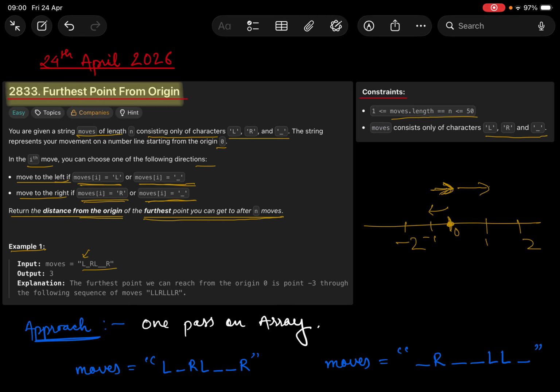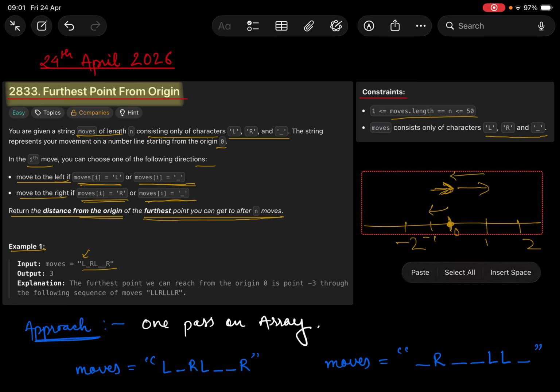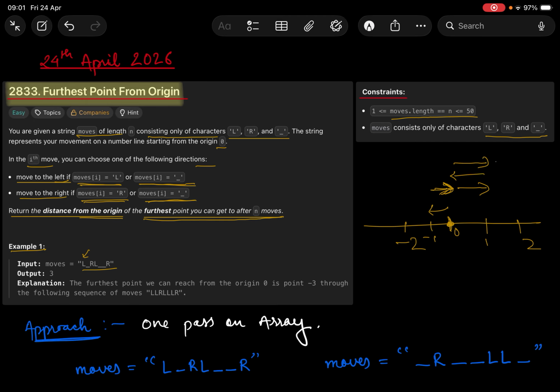Now from here it says go left, so now we came left. Now it says underscore, so underscore is again right, so right. Then there is another underscore, so I'll go right again. Then there is this R again, so R is right, so I'll take one more right. So where I reached, this point is 3.